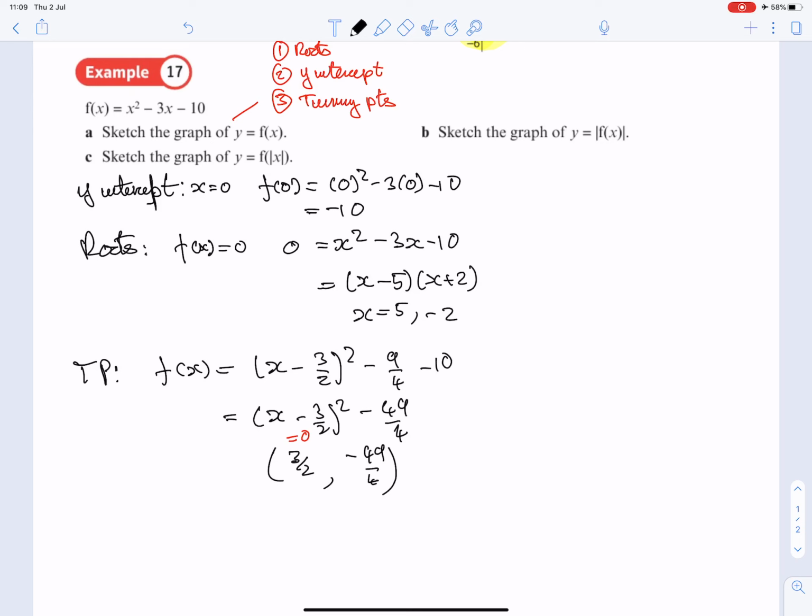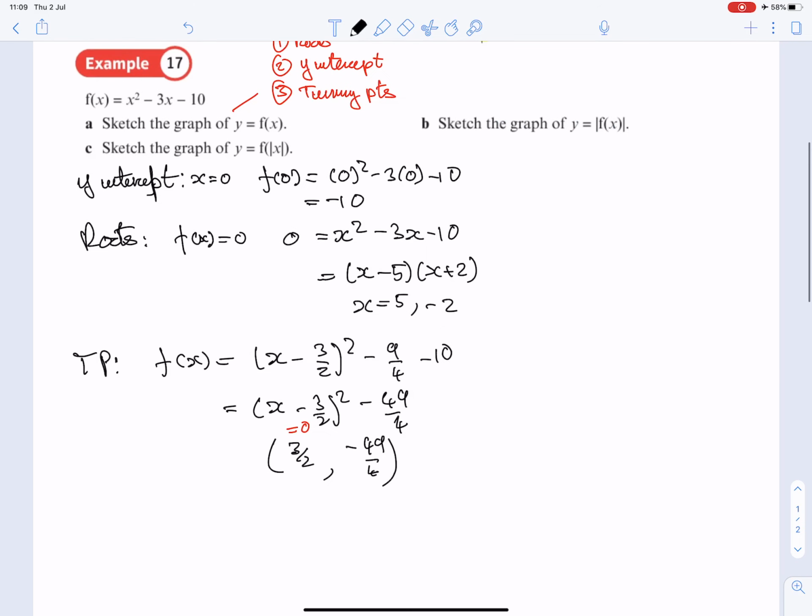So I can sketch my graph. It's a quadratic, a positive quadratic, so I'm going to draw the shape. I know I've got two roots at negative 2 and 5, so I can put my x-axis on next. Then I can put on my turning point, which is (3/2, negative 49/4).